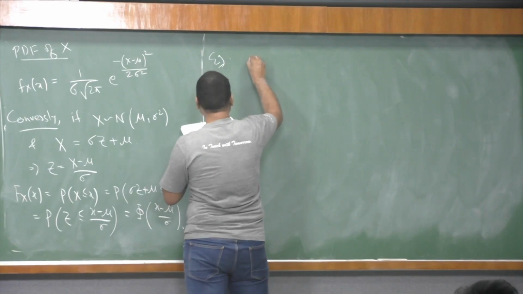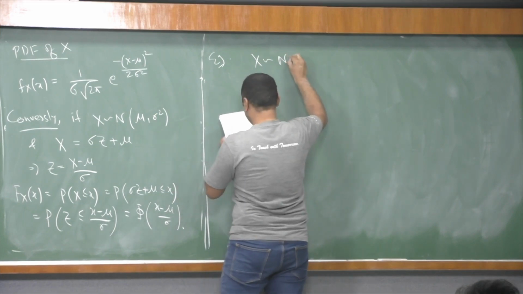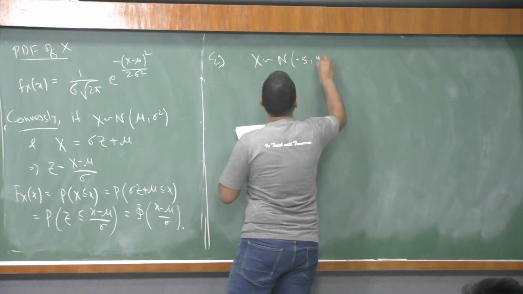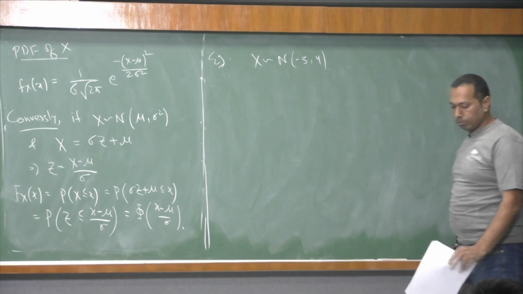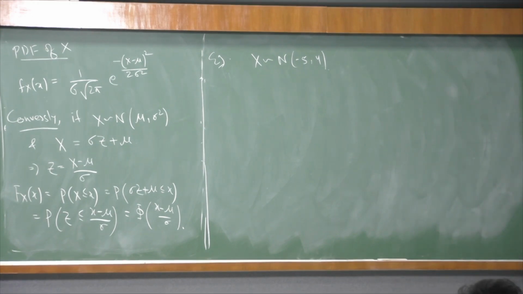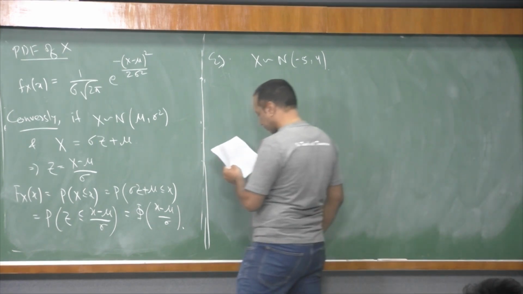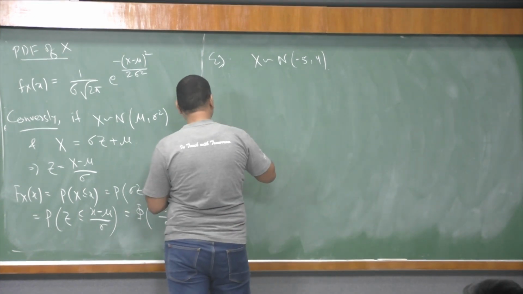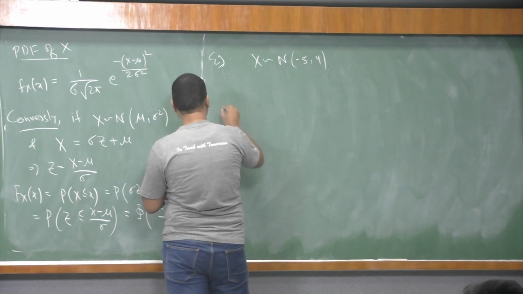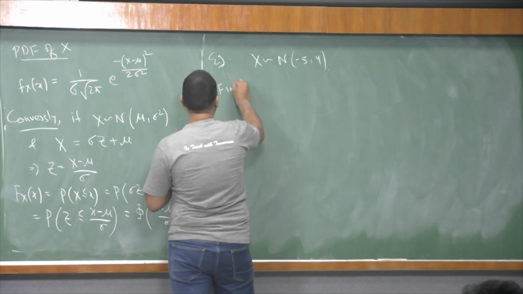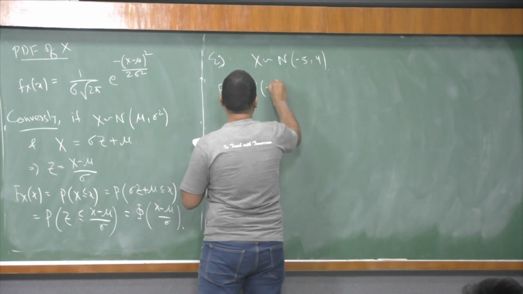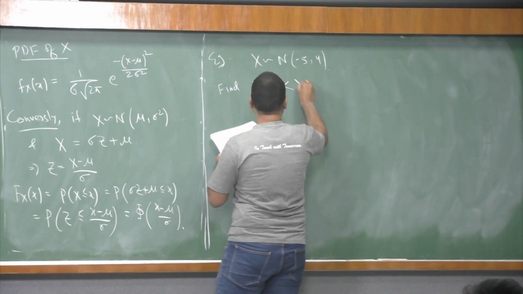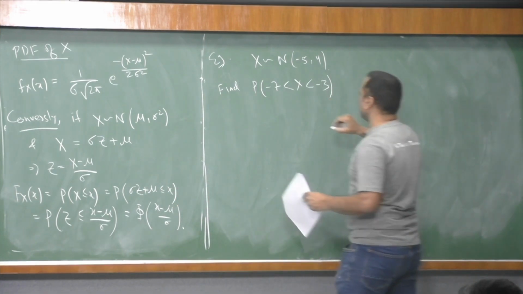So, example: x follows normal with mu equal to minus 5, and sigma squared equal to 4. Sigma has to be greater than 0. So find the probability that minus 7 is less than x, which is less than minus 3.